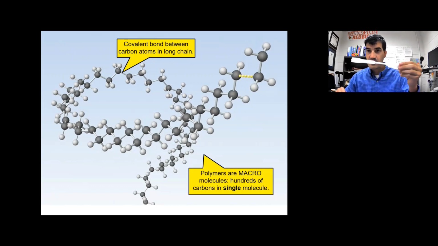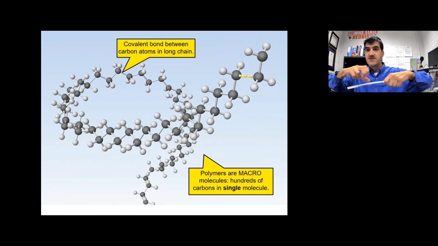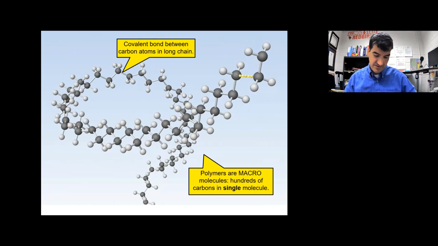You pull it apart and you get something that looks like this or like this, and you're just stretching it apart, and those intermolecular bonds are getting pulled apart. You're not necessarily breaking the molecules, you're just pulling apart the molecules against each other. So the molecules are just sliding against each other.